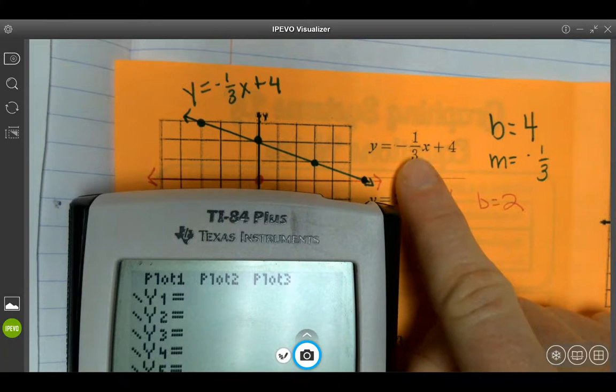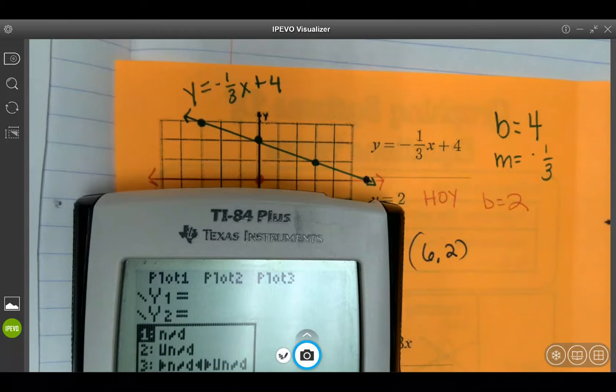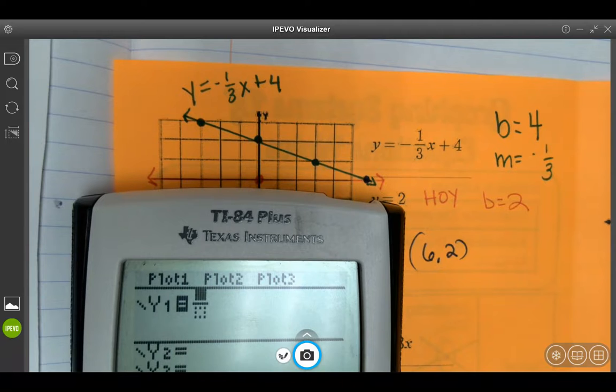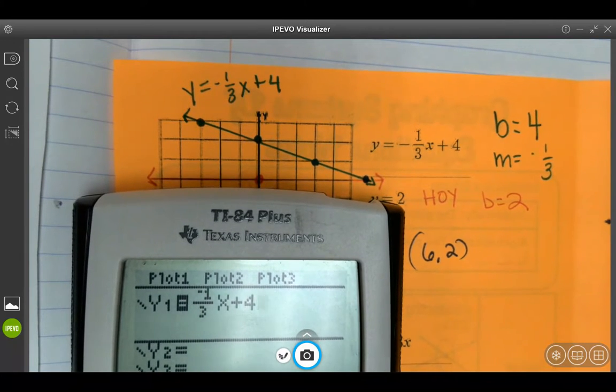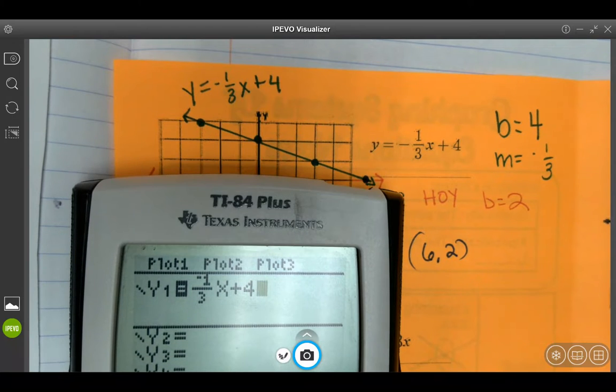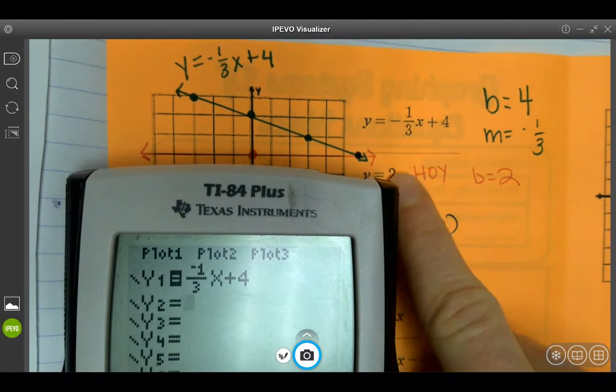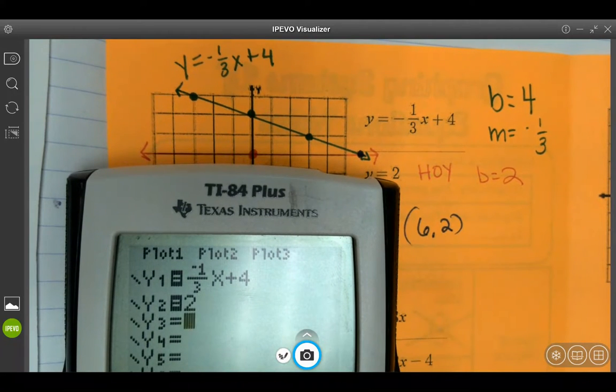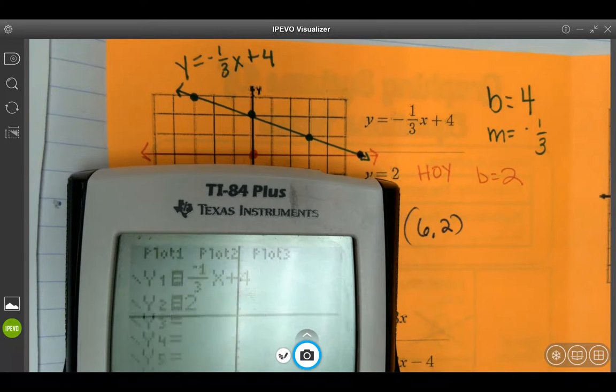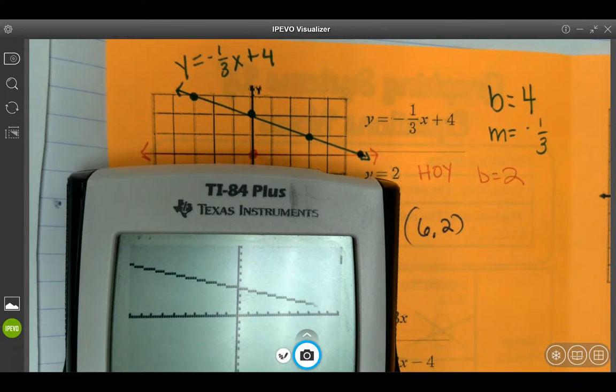Remember, to get the negative 1/3, we can do alpha y equals negative 1/3 x plus 4 is y1. Y2 is just 2. Then hit graph. So it's right there, which looks the same as what we graphed.